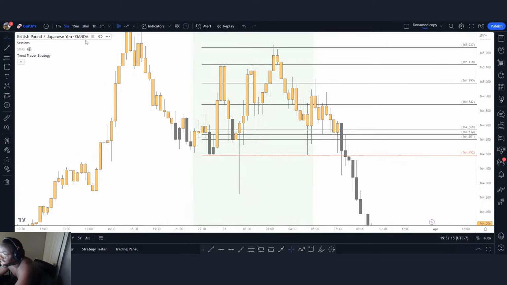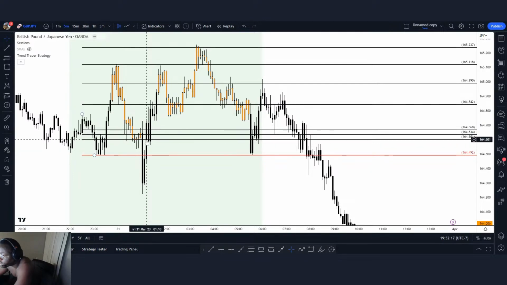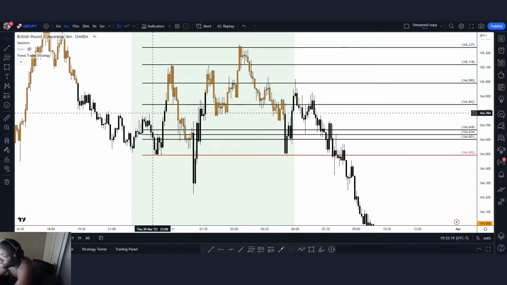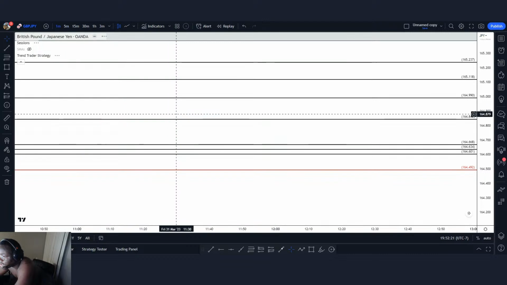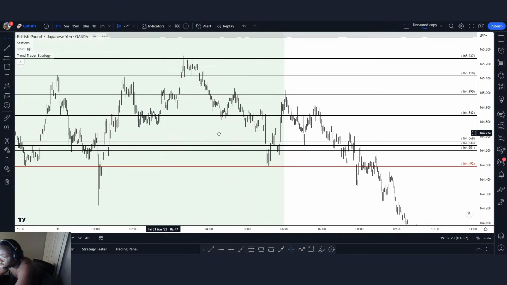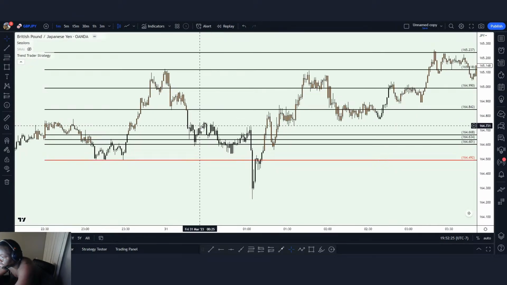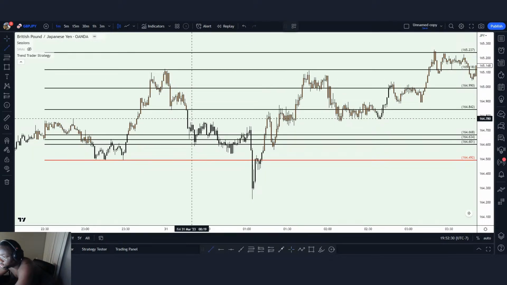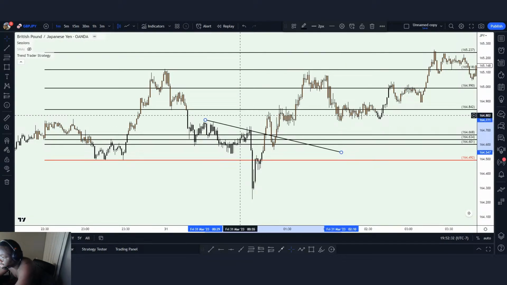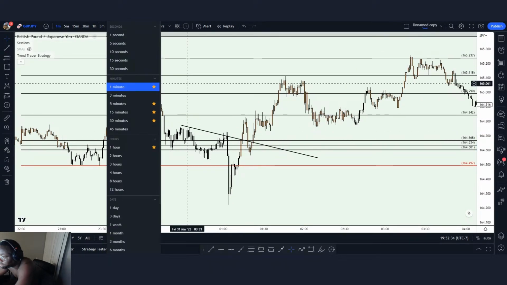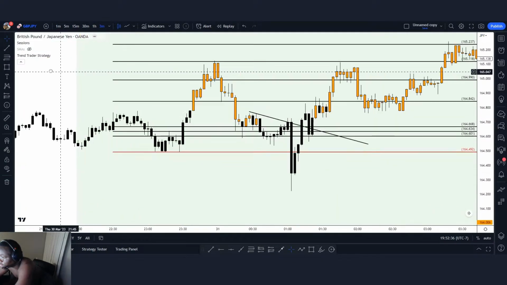Now what I could have done was re-enter, right? If we scale down to the lower time frames, what I could have done was re-enter after price had broke these highs right here. So you see a high and you see a lower high, price breaks structure. As soon as price breaks structure right here, that's my opportunity to enter the market.